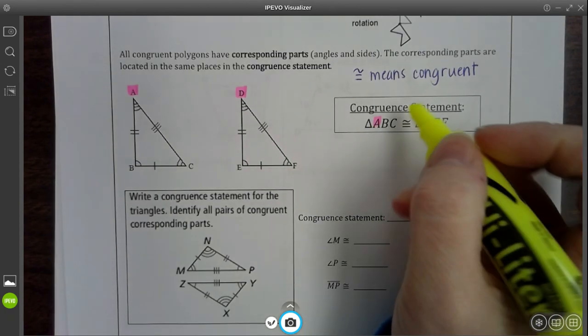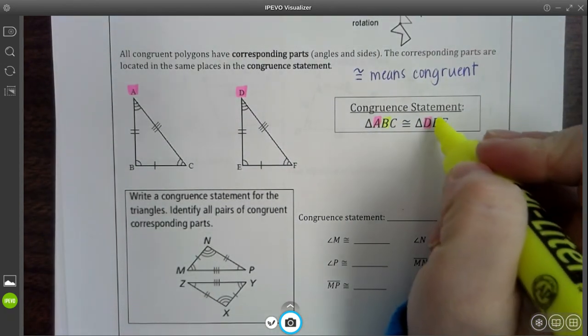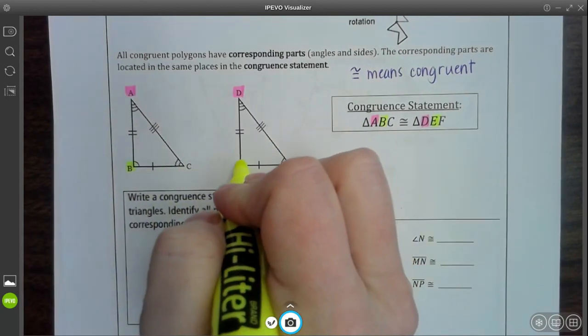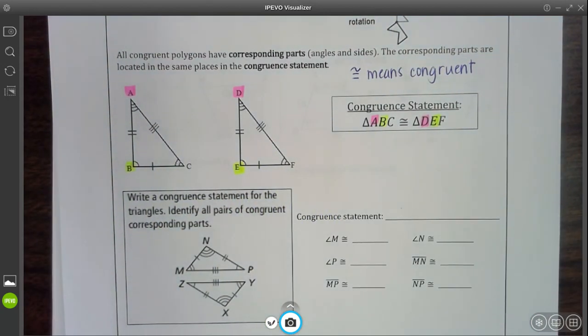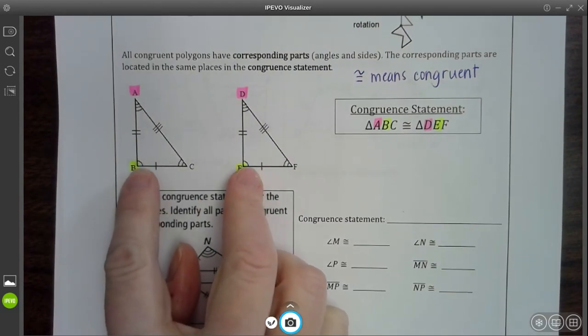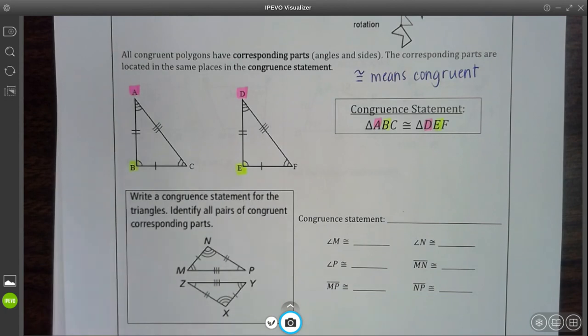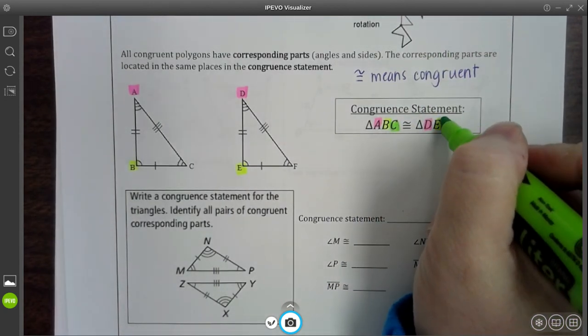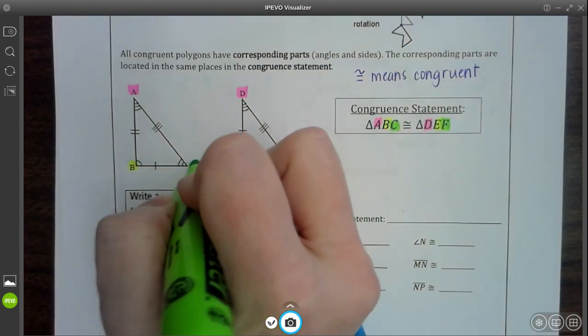The next letters we have are B and E. So part B is going to correspond with E over here. Again, I can see those two angles are congruent because of the single arc mark in the picture. Finally, letter C is last, which is going to correspond with letter F in the other one.